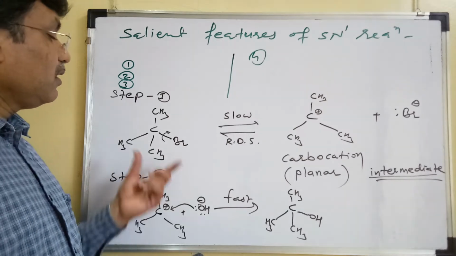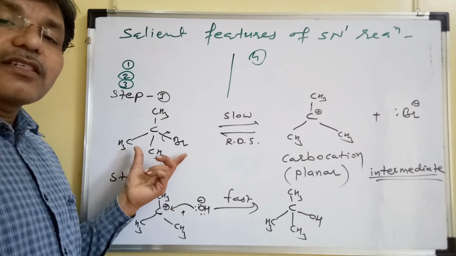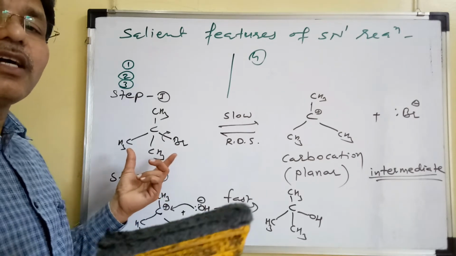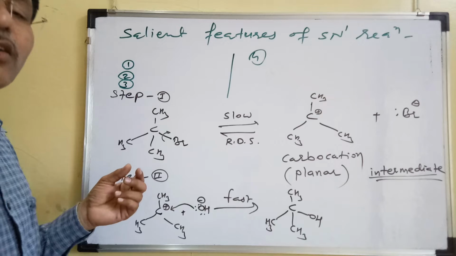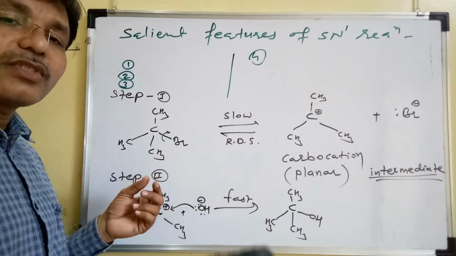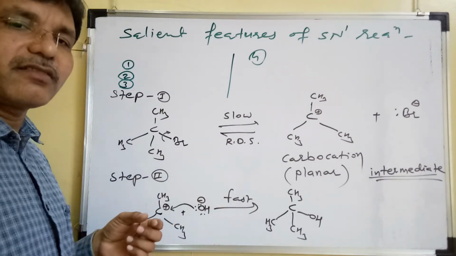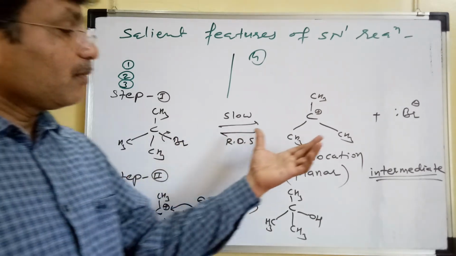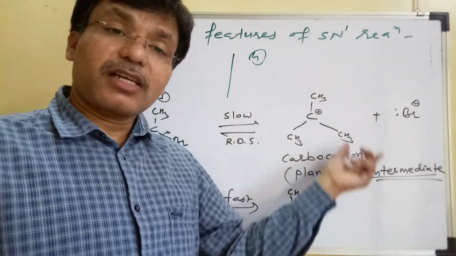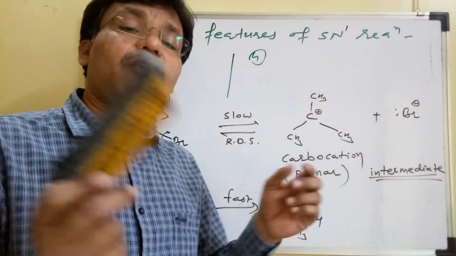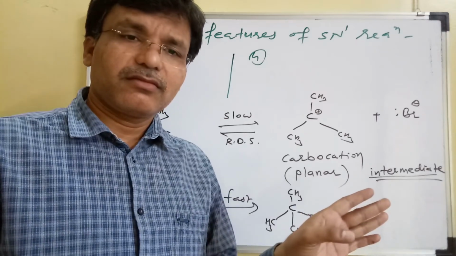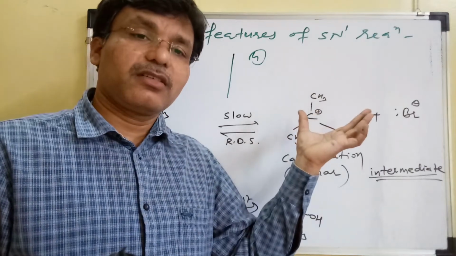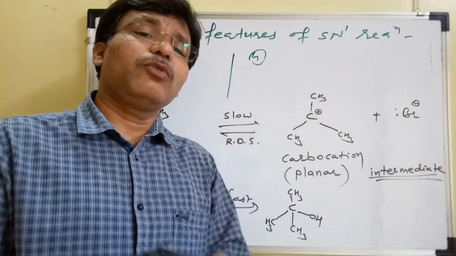That means the SN1 reaction proceeds with formation of a racemic mixture, or the SN1 reaction proceeds with racemization. Racemization means that both enantiomers of the product formed become almost equal.